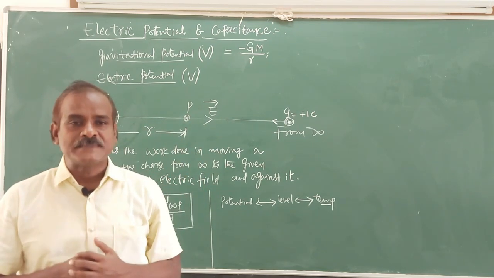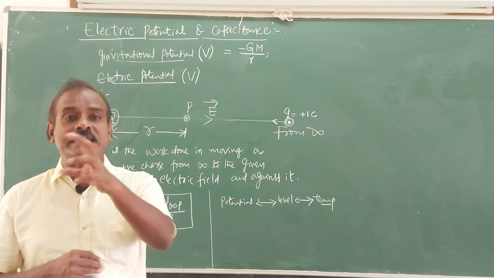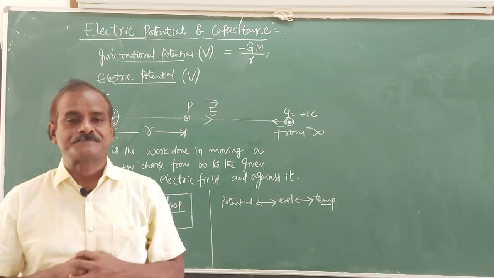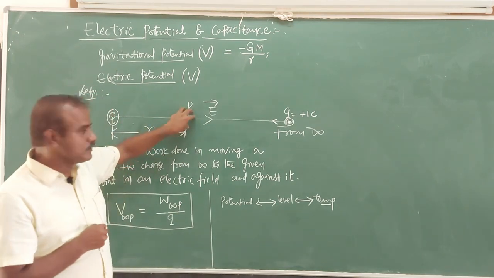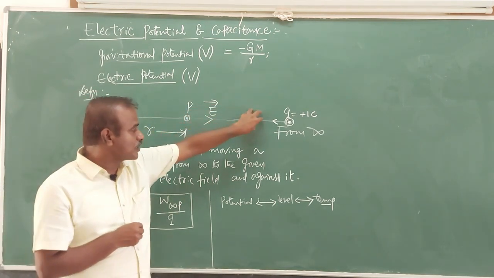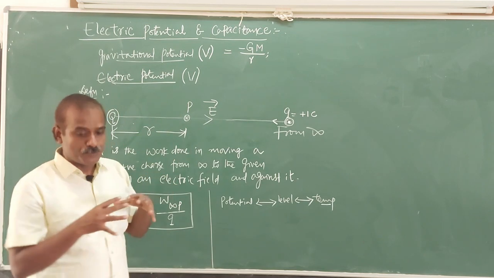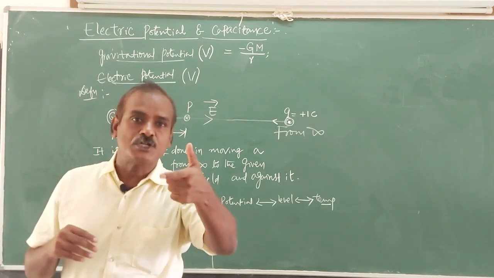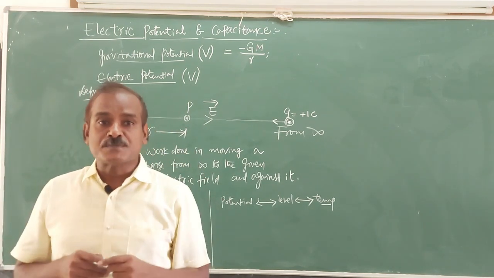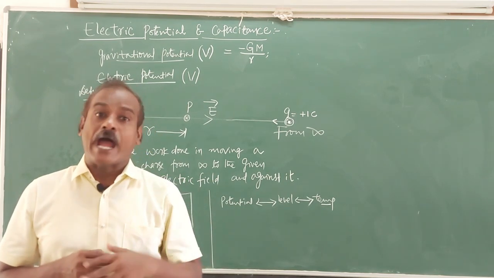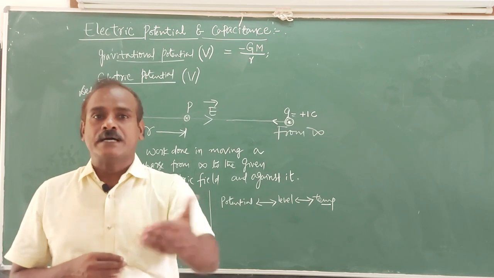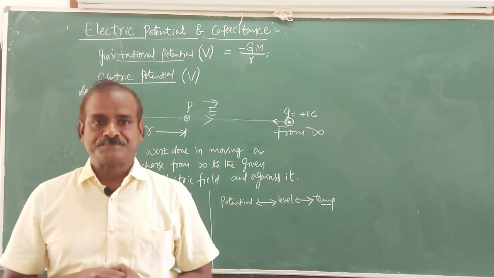Charges move only if there is a difference in potential. Suppose here there is more potential and another point has less potential. Positive charges move from high potential to low potential. Negative charges move from low potential to high potential. These are all ideas we are going to establish in the subsequent discussion.